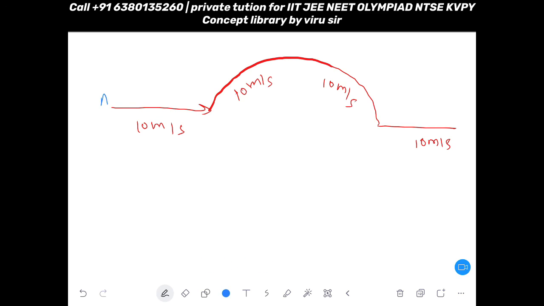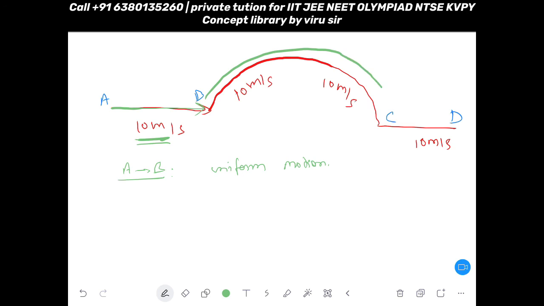Suppose I give names A, B, C, D. So you can see A to B motion is uniform. Why? Because direction is constant and speed is also constant. But when you are going B to C, your direction is changing. Your speed is constant, but direction is changing anyway. So if any one changes, velocity will change.